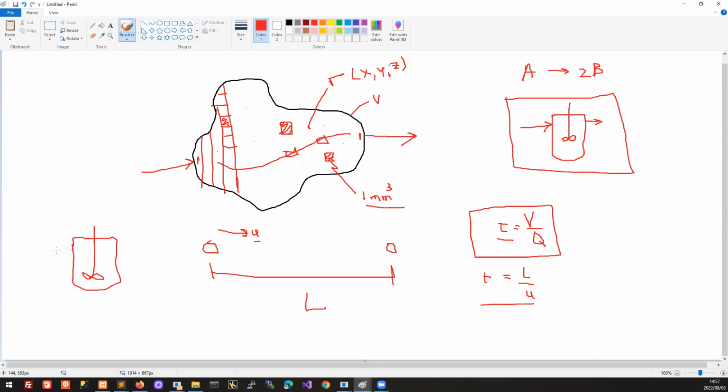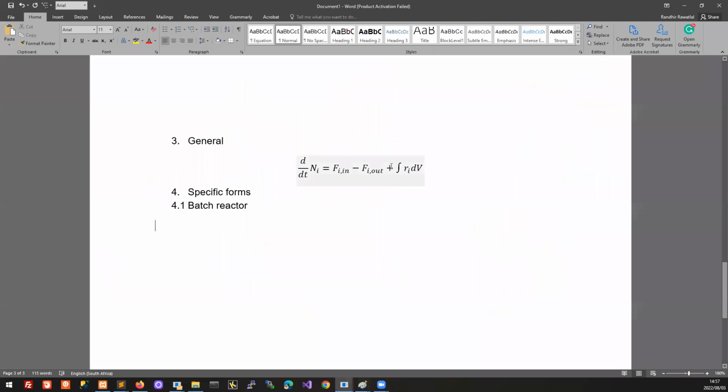So it basically has no flow, right? In the case of the CSTR, we had flow in and flow out. In the batch reactor case, we have no flow. And so clearly now, these two terms need to go, right? So there's no flow in the batch reactor case.